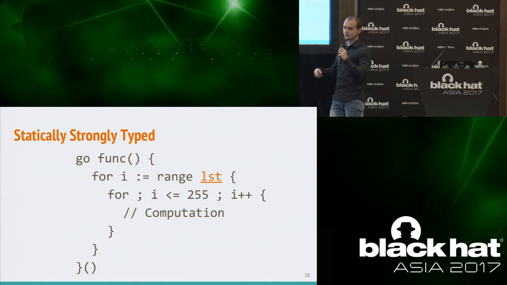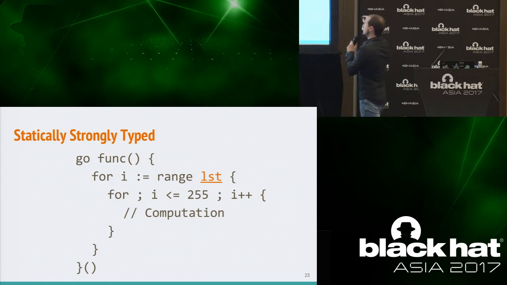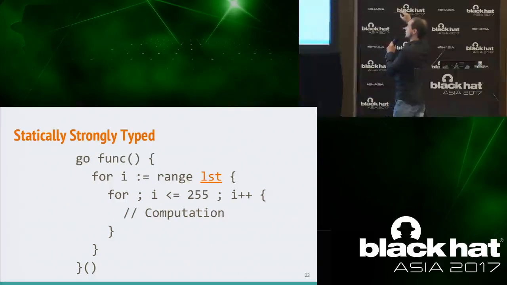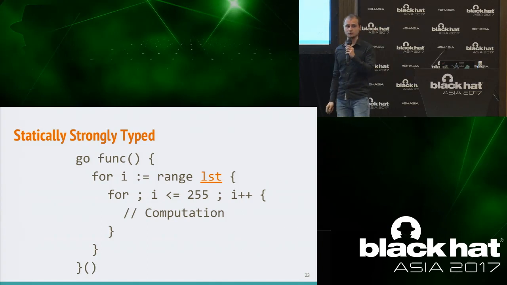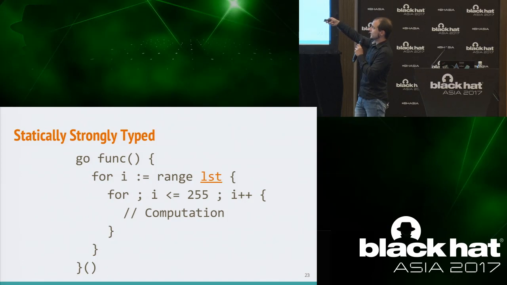So they copy-pasted this very same snippet of code over and over in different places, which worked every time except one. As you can see here, they're ranging over a collection of which you don't see the type, because Go has the colon-equal operator that allows you to say this variable is going to be of the type of the single element of this collection.